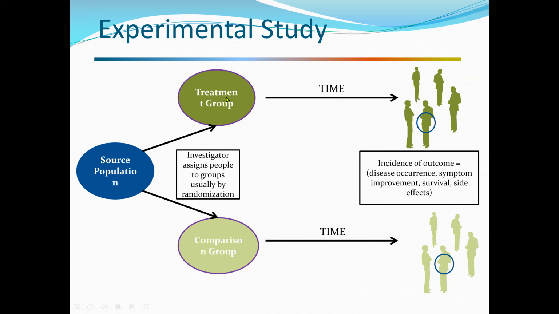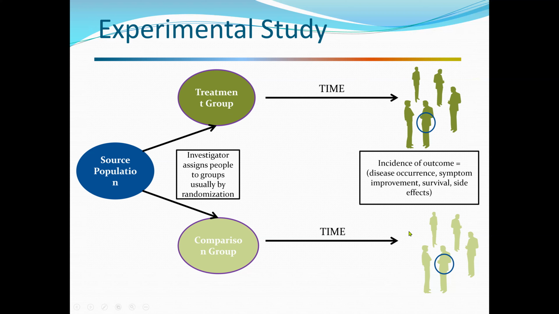Then we give the treatment group whatever treatment program or agent, dosage, etc. Then we monitor them for some period of time and see what the outcome will be. The comparison group also, we monitor them for some time.